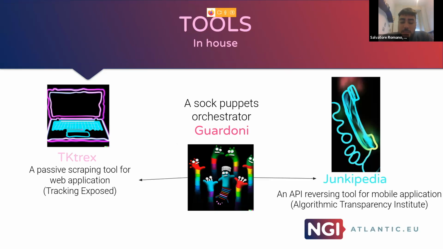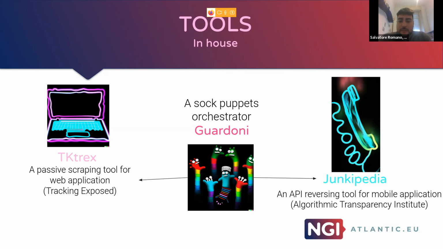Basically, what we did was to combine the infrastructure realized by Junkipedia on one side and Tracking Exposed on the other side into a cross-application analysis. Junkipedia created an API reversing tool to study the mobile application, while Tracking Exposed built a passive scraping tool for the web app.